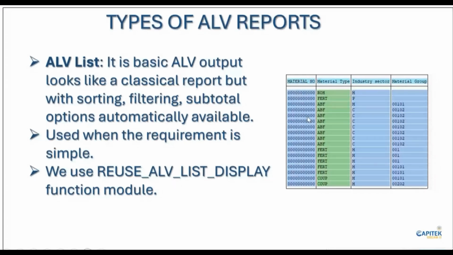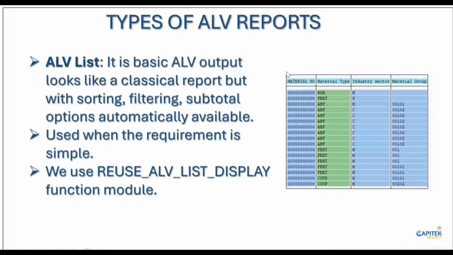It looks similar to the way you print the data in your normal programming. You write an internal table loop, and between loop and endloop, you use the write statement, like write work area hyphen field. When you use that statement, you generally get the data printed on the output. That output and this output look very much similar.